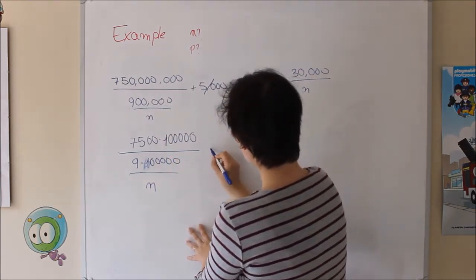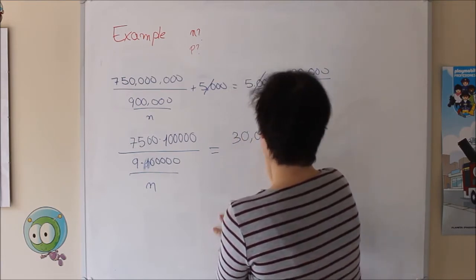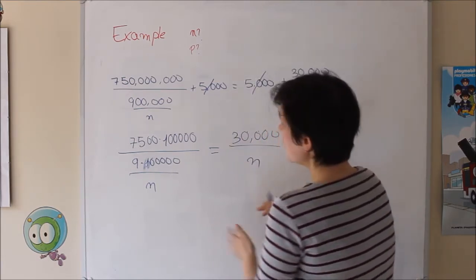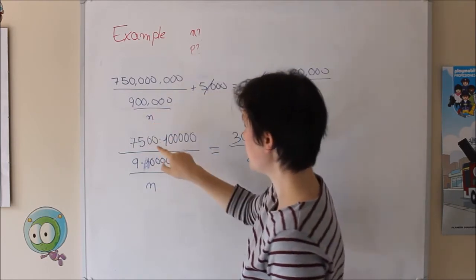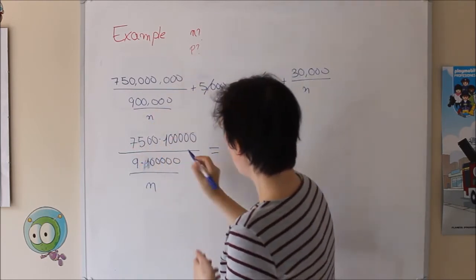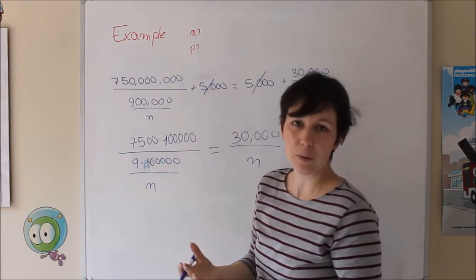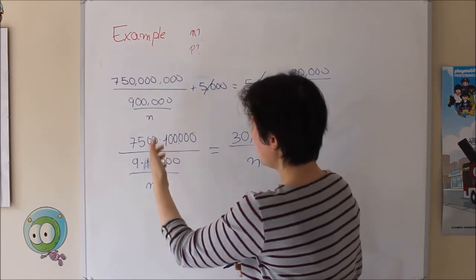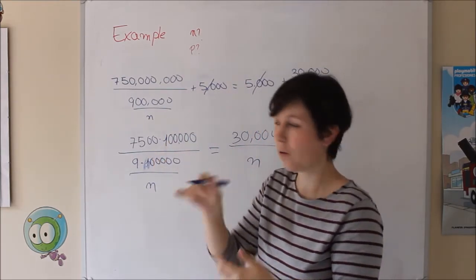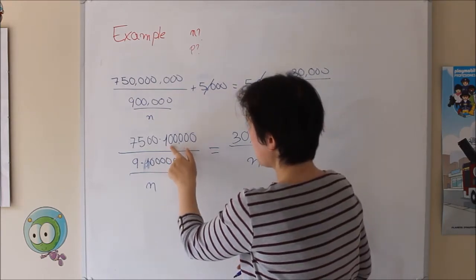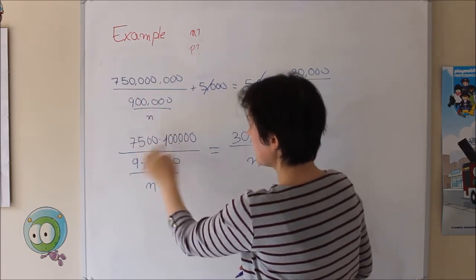Okay, you can see that this and this cancel off. So you can see that this number is equal to this number, right? Because it's a number times another number, which is just multiplied by 10. It could be seen like 10 over 5, but it's the same as 100,000. So this and this is the same value.